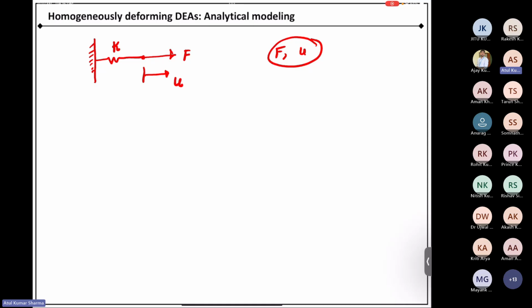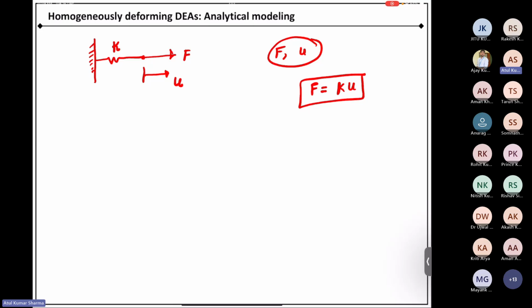If it is a linear spring within the elastic limit, you have already studied this problem in the 12th or 10th standard. So you know that F equals K into U, where K is the stiffness of the spring. Can we derive this expression using the energy-based approach, the principle of minimization of potential energy?